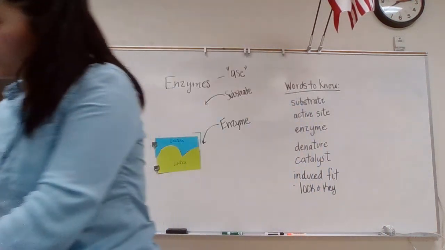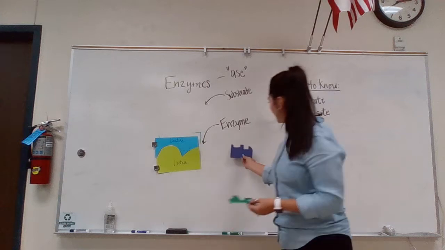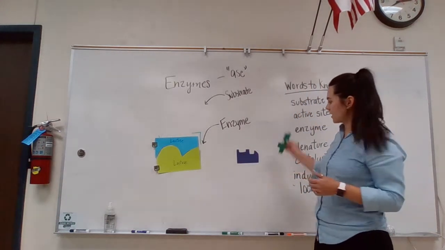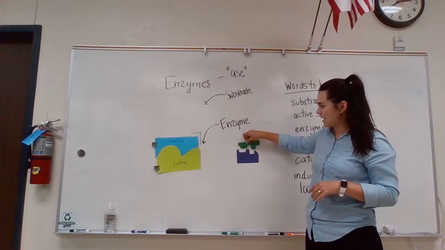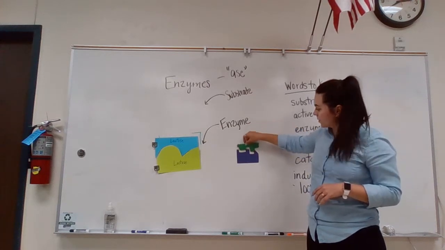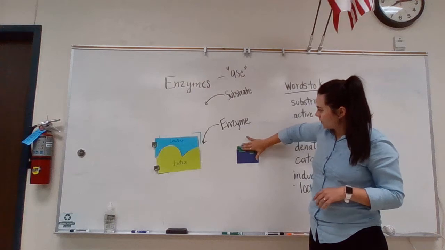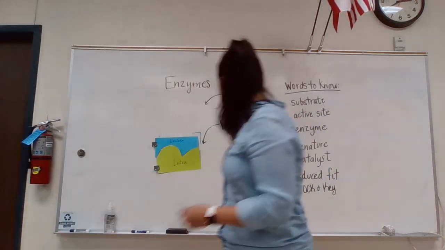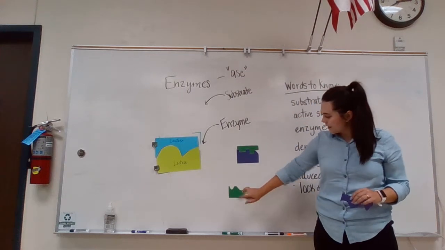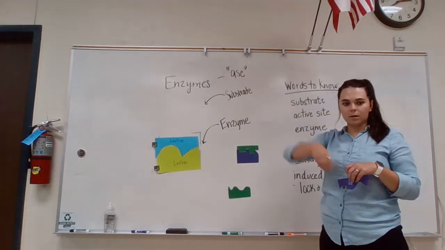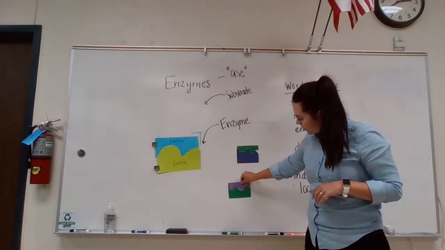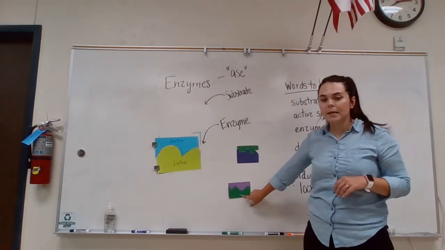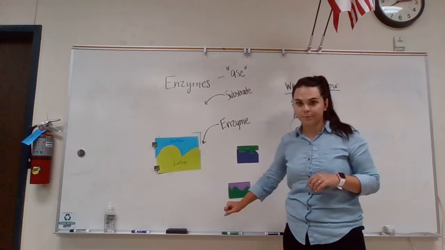Just to show you a few more examples, if we had this as our enzyme, we would need a substrate that fits directly inside of that active site. So if we look here, this would be our substrate that would fit into our active site. Another example, if we had this as our enzyme, we need something that fits like a key in a lock. So this right here would be our substrate, which fits directly into our enzyme.